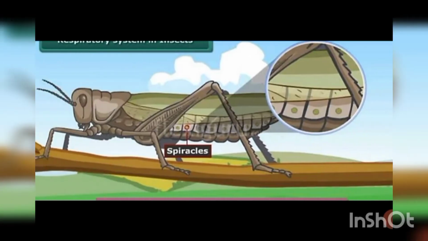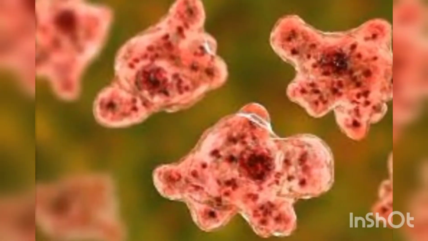Insects such as grasshopper and cockroach breathe with the help of a series of tiny holes along the side of their body called spiracles. Small microscopic organisms such as amoeba and paramecium breathe through their body surface.